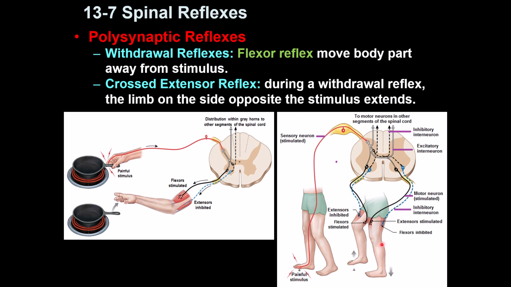So this is why it keeps your balance. The opposite limb is extended, and it's keeping your balance. Otherwise, if both of them contract, you may fall. So this is why it's called cross extensor. So it's going to the opposite side. You see that? It goes to the opposite side. But again, it will go to the brain because the information is processed there, and you can feel the pain in the specific area.